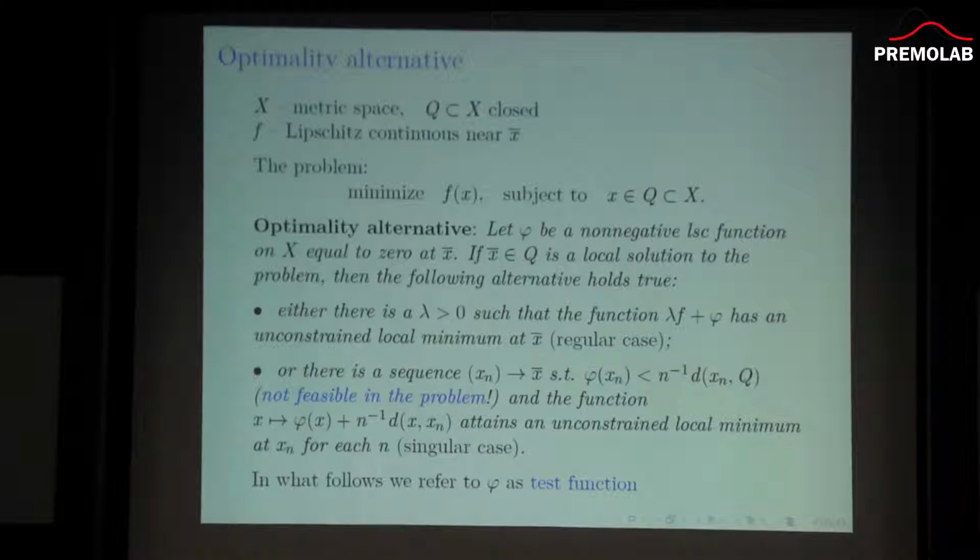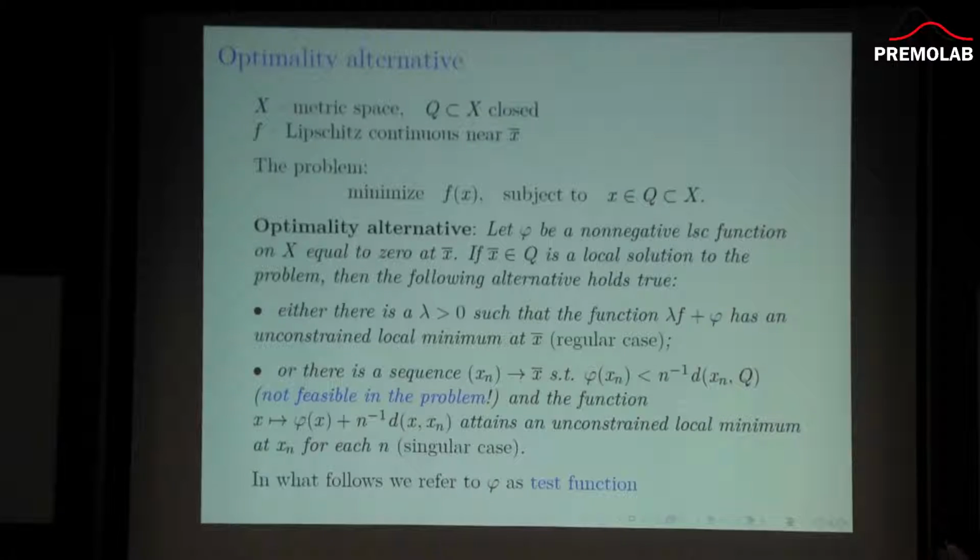And this function attains an unconditional local minimum at every xn for each n. So in either case, we have either just one problem of unconditional minimization, or a sequence of problems, and we a priori know already that the solutions in the sequence will converge to our solution, so we should not care about that. That is that.